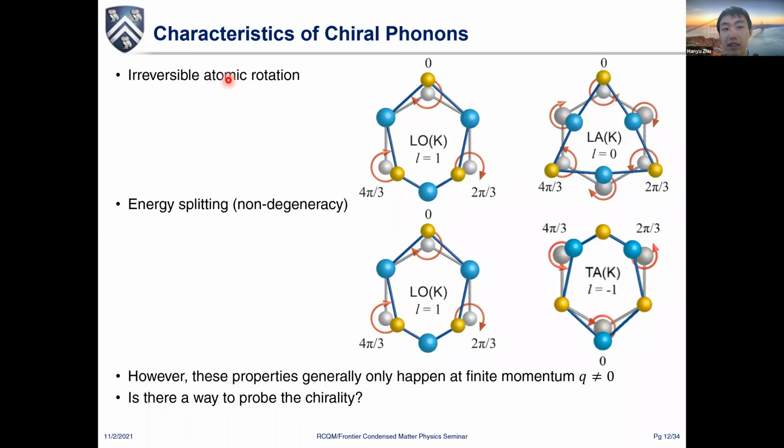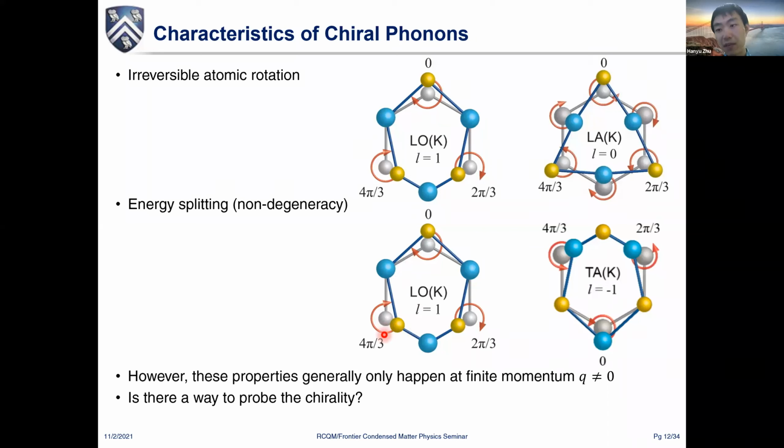We have already discussed that the features of chiral phonons include irreversible atomic rotation. You cannot reverse the rotation of one atom without changing all the other motions or its energy. But we also briefly talked about non-degeneracy before, and let's verify how it is non-degenerate.